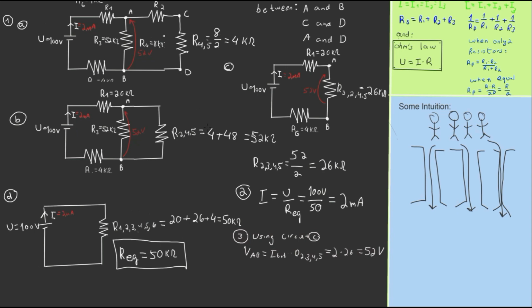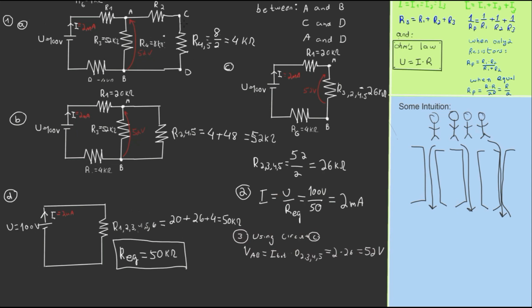Okay, let's move to the next part of the question, finding the voltage between C and D. Let's browse between our circuits and see what would help us here. Looking at circuit A, we see points C and D standing out. If only we could find the current flowing through this branch, then we could use Ohm's law and find the voltage over this resistor.